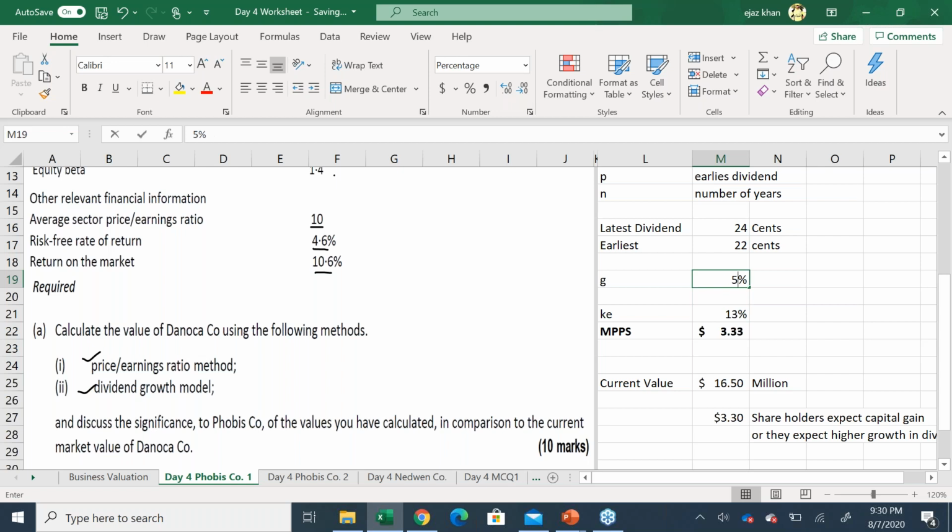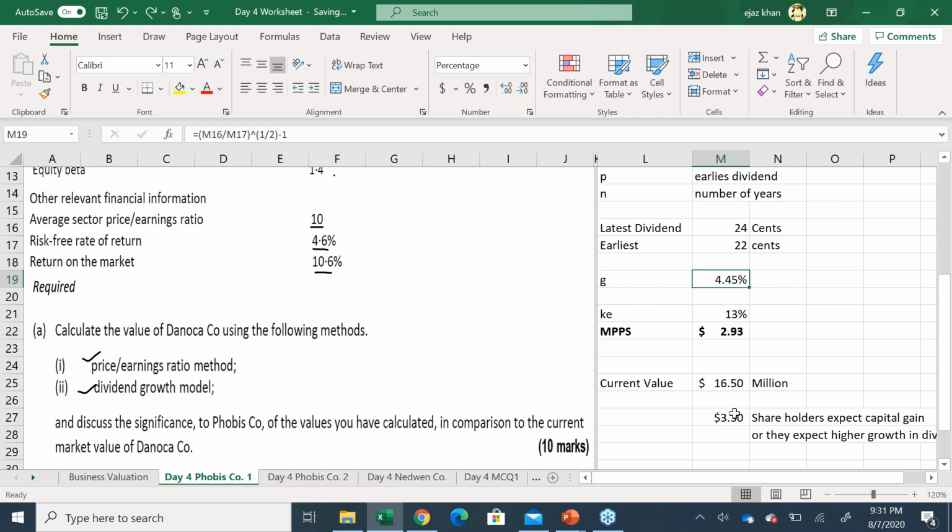Here we go, 5.38 approximately, or 5.39 to be very precise. 5.39%. Either the investors in the market who are buying the share of Denoka company for $3.3 are expecting 5.39% growth in the dividends, whereas the dividend growth model just used 4.45. So let's go back to the original value, 4.45.